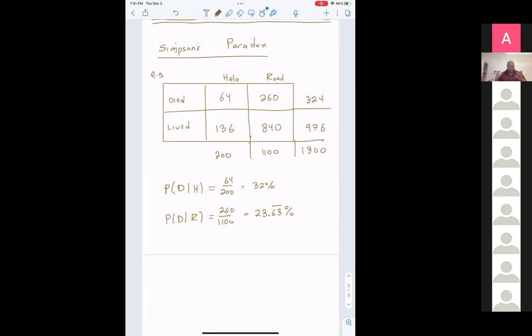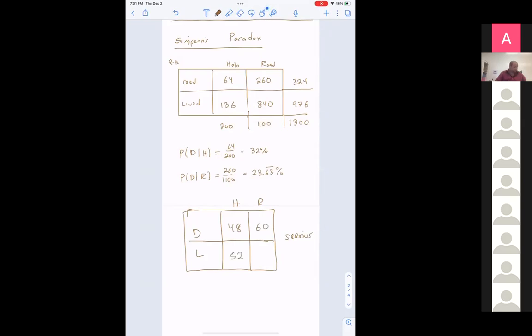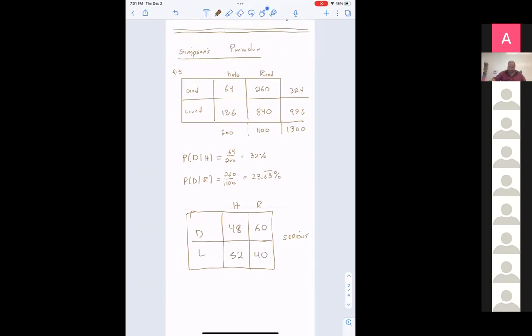So let's take the same data and divide it up. Let's look at the serious accidents: died, lived, helicopter, road. This is for the serious accidents, the major accidents. And when we do that, this is the data, 48, 60, 52, and 40.